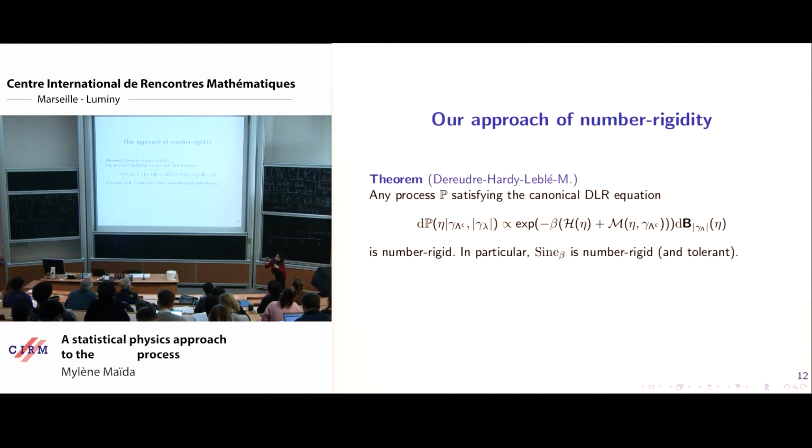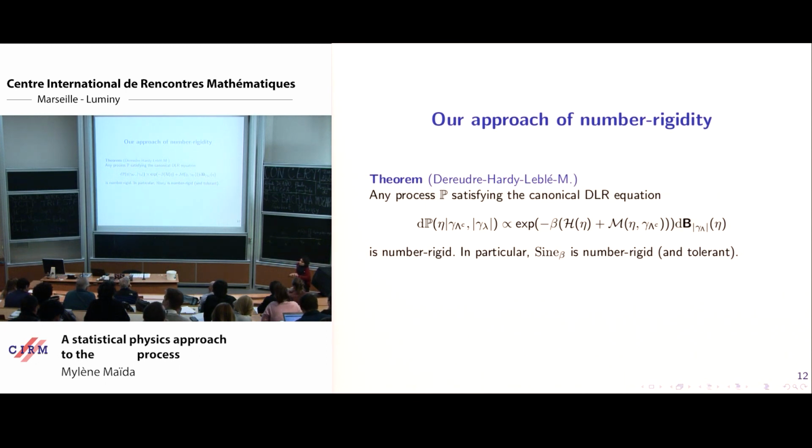It means that, given the number of points, your process will have a positive density with respect to the Lebesgue measure on lambda. And if the number of points is the only quantity to be fixed, then the process is said to be tolerant. And here the tolerance is for free because the density is written here. You get the density directly. So if we show that it's number rigid, we also get for free that it's tolerant, okay?